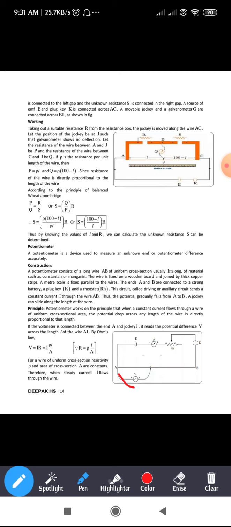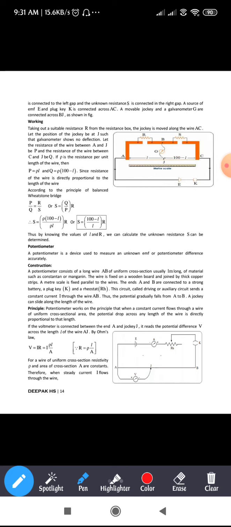Next, we have connected the voltmeter. One end of the voltmeter is connected to terminal A and the other end of the voltmeter is connected to the jockey. The jockey is used to slide on the wire to show the potential difference between any two points.